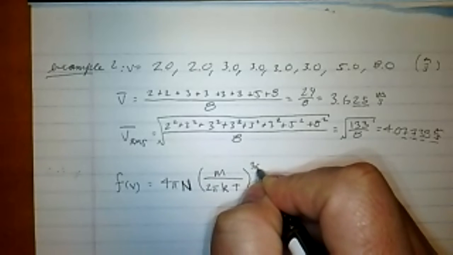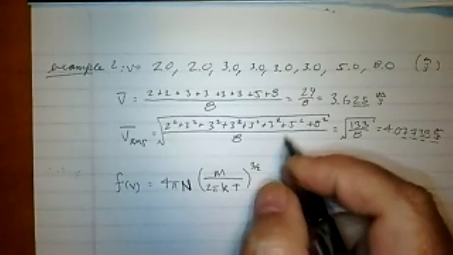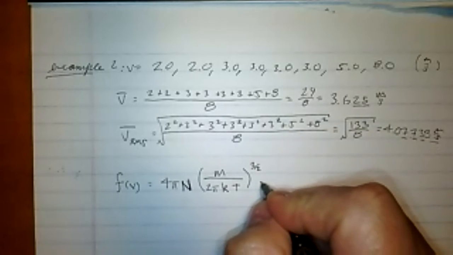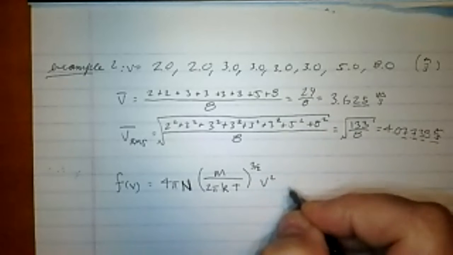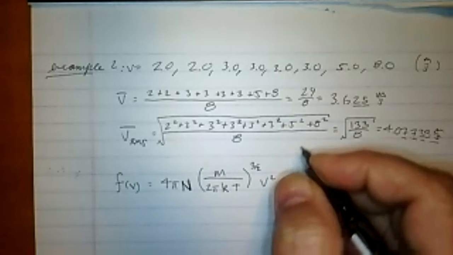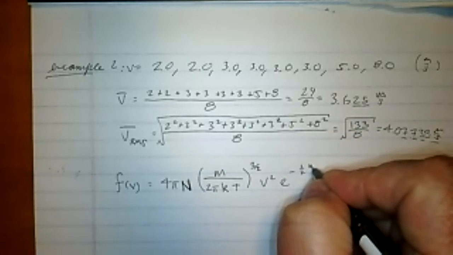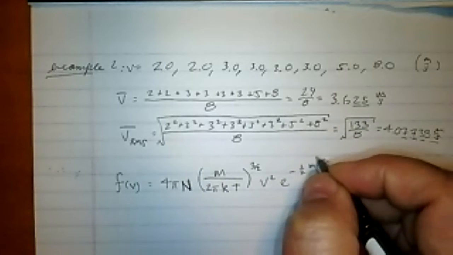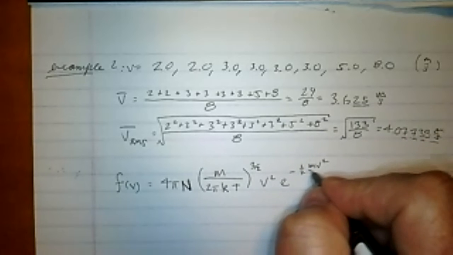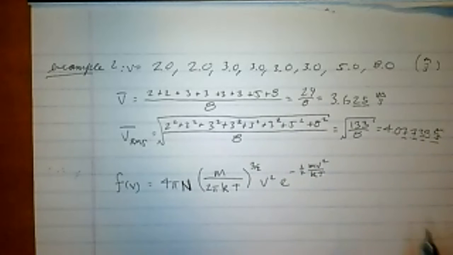So that's basically you take the square root and then cube it. And then all of that times the square of the velocity times e to the negative 1/2 m v squared over kT. Again, that's the Boltzmann constant. Okay.